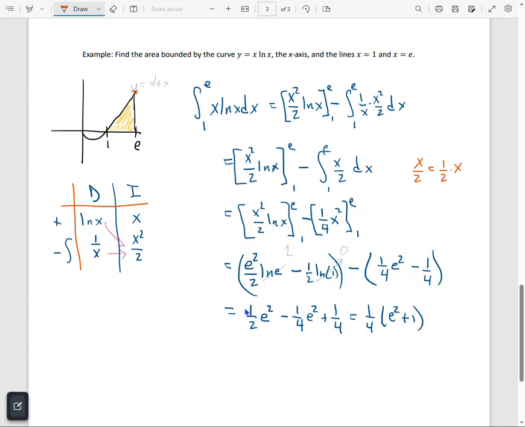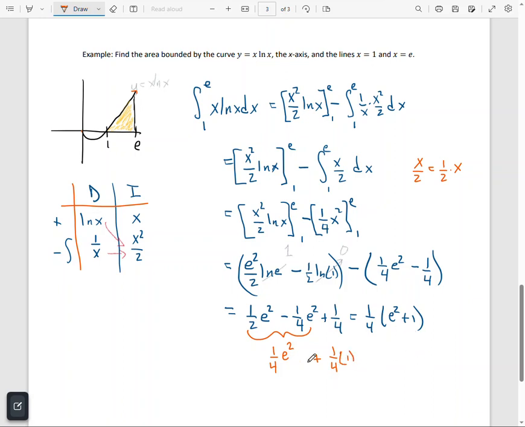When I have 1/2 e squared minus 1/4 e squared plus 1/4, I'm combining these two first. What's a half minus a quarter? That's 1/4 e squared plus the 1/4, and that's why I can factor out a 1/4, and I'm left with e squared plus the 1 that the 1/4 is multiplied by.